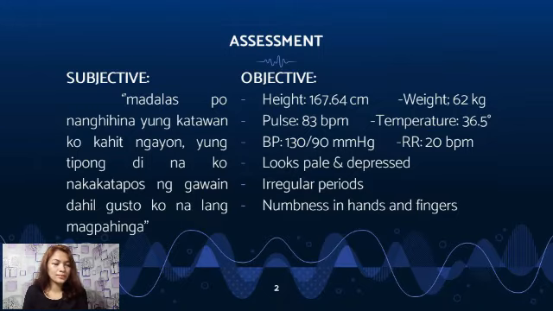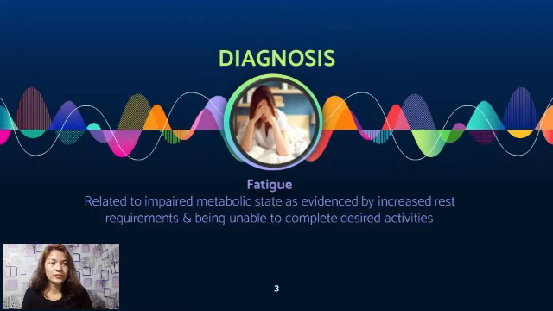The patient looks pale and depressed, has irregular periods, and experiences numbness in fingers. The diagnosis is fatigue related to impaired metabolic state as evidenced by increased rest requirements and being unable to complete desired activities.